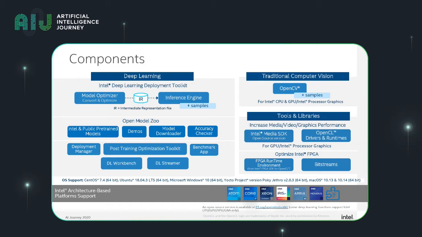Let's now pay more attention to the instruments which belong to the deep learning group. The first one is the Deployment Manager tool, which is good at collecting the deep learning working package that you can install on your final device with the components you need.